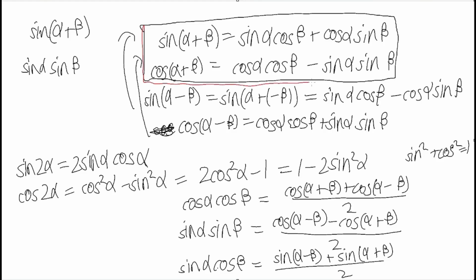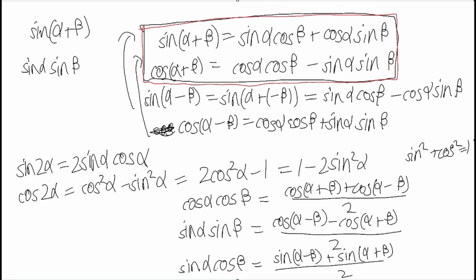Focus all your efforts on memorizing only these 2. The other 5 identities directly come from this. So you only need to focus on memorizing this, or proving it with complex numbers if you want to.